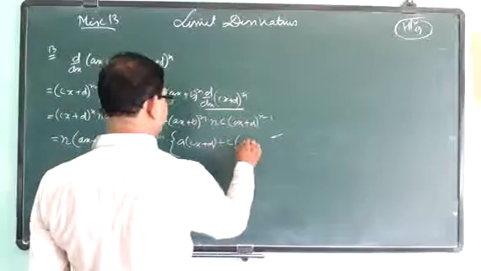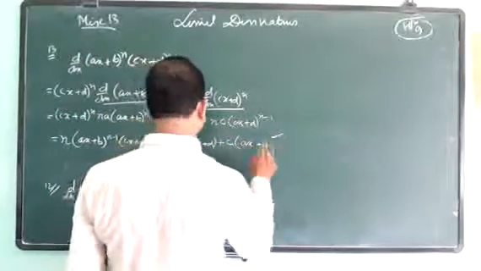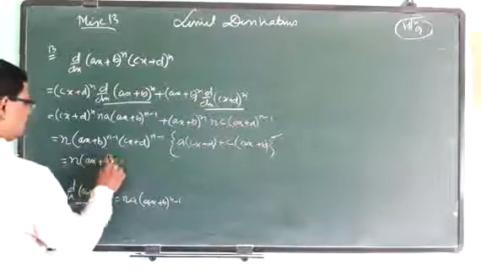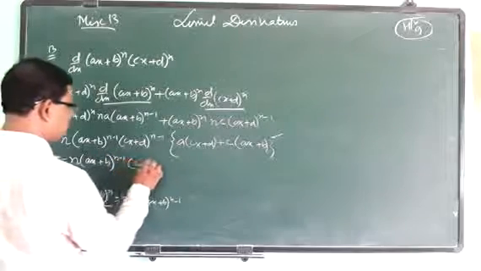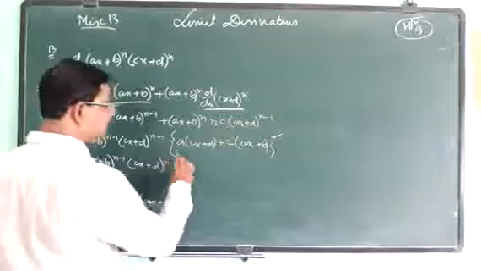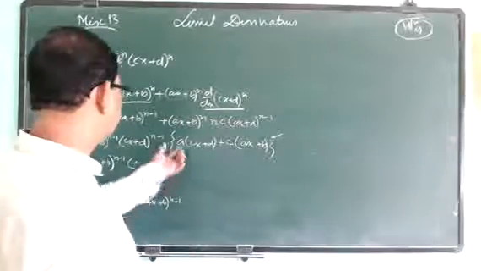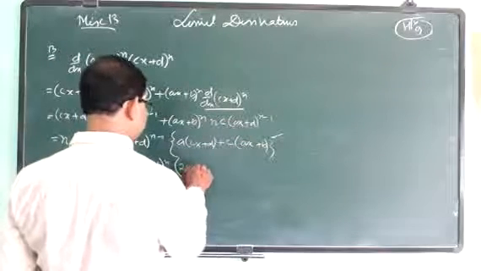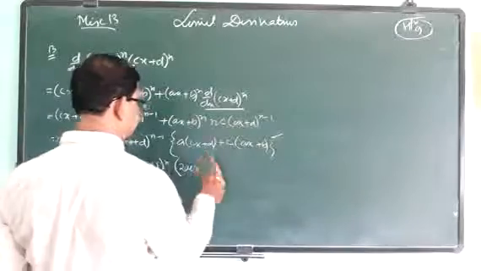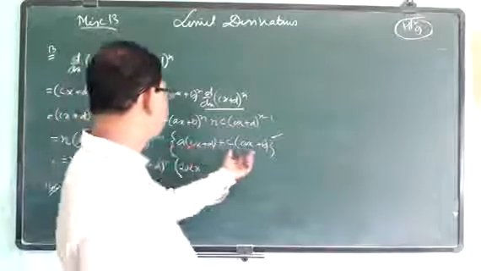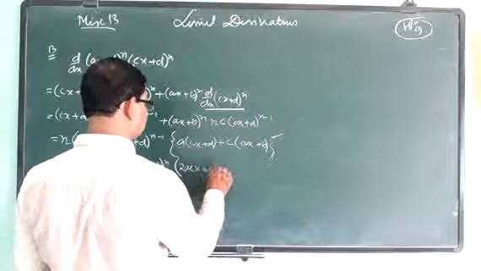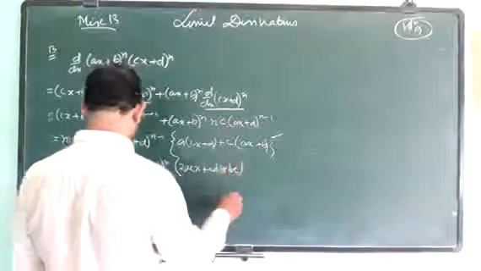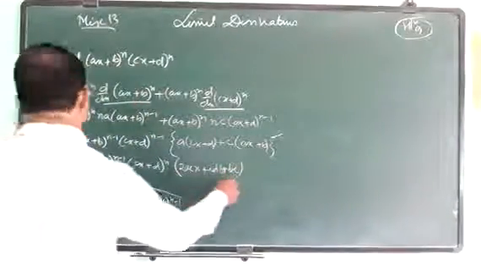Now we can break it: n (ax + b)^(n-1) (cx + d)^(n-1), and inside, it will give 2acx, then ad plus bc. So this formula we will use and this is the result we are getting.